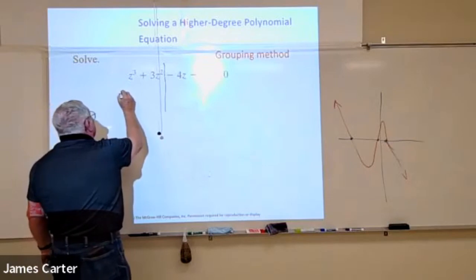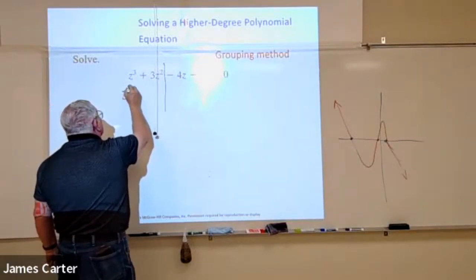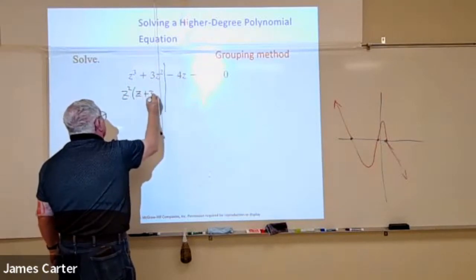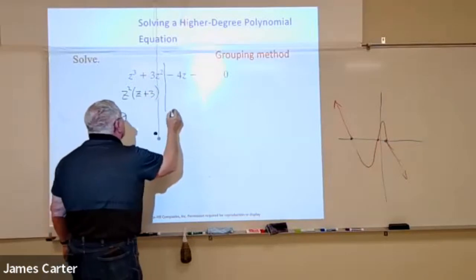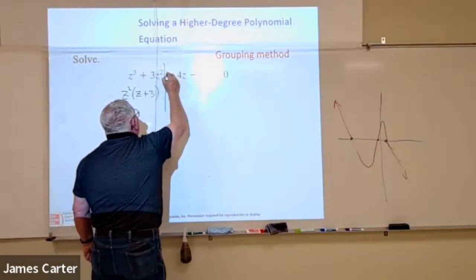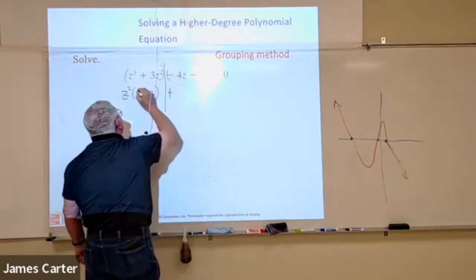So I've got z squared, I'm factoring out of this, so I've got z plus 3 here. Plus, now, if I take all of this, okay, I took this piece first.